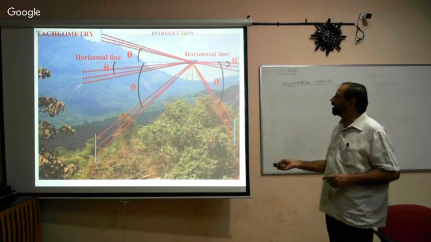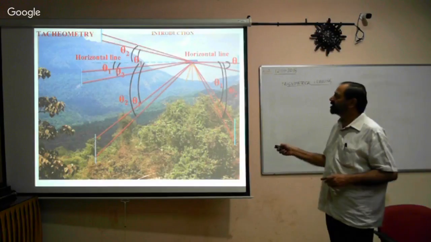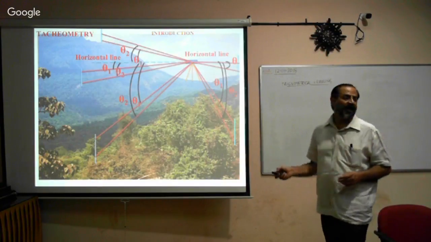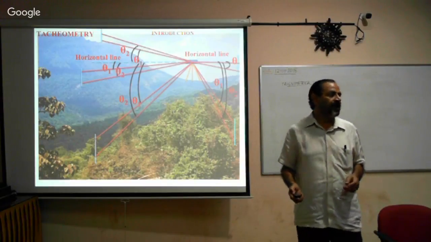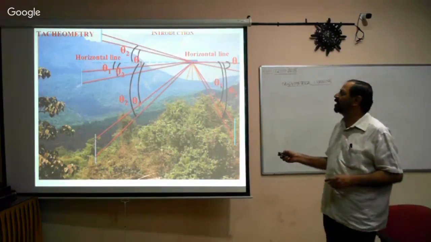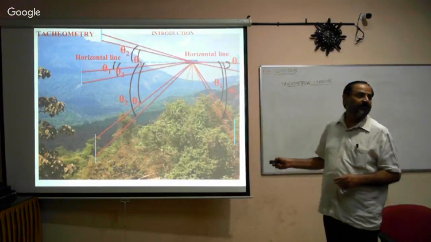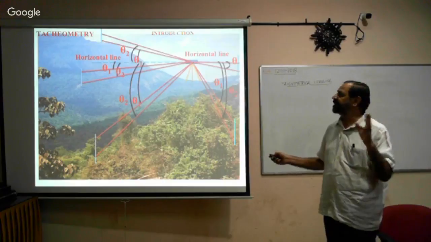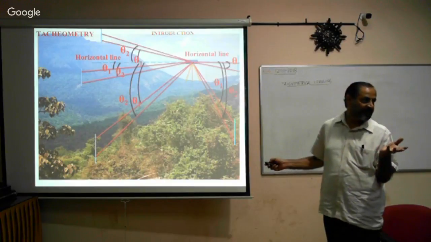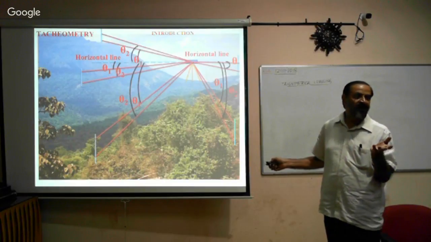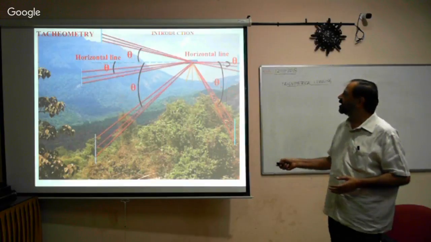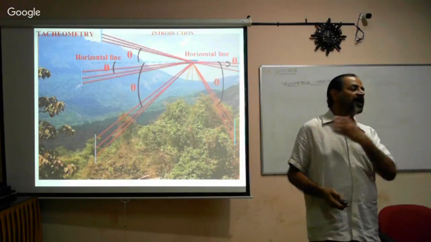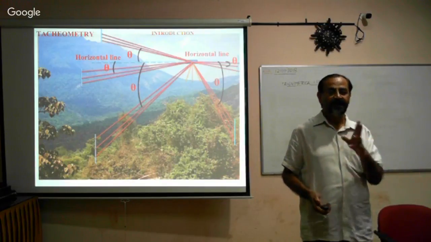In the next case, here we have measured 2 stadia readings and two vertical angles. So this method is called the tangential method of tacheometry. And the other method is called stadiometry, because stadia readings are primary there, with one vertical angle.